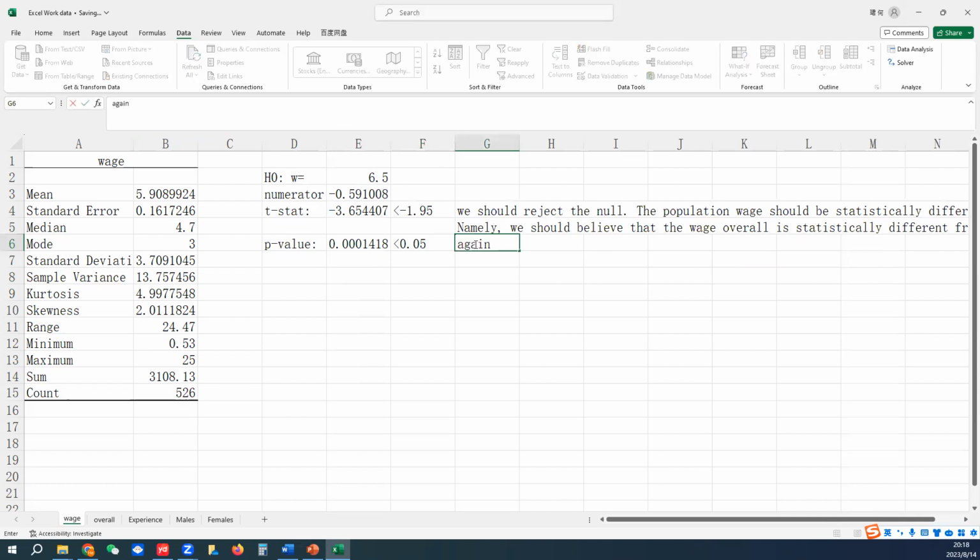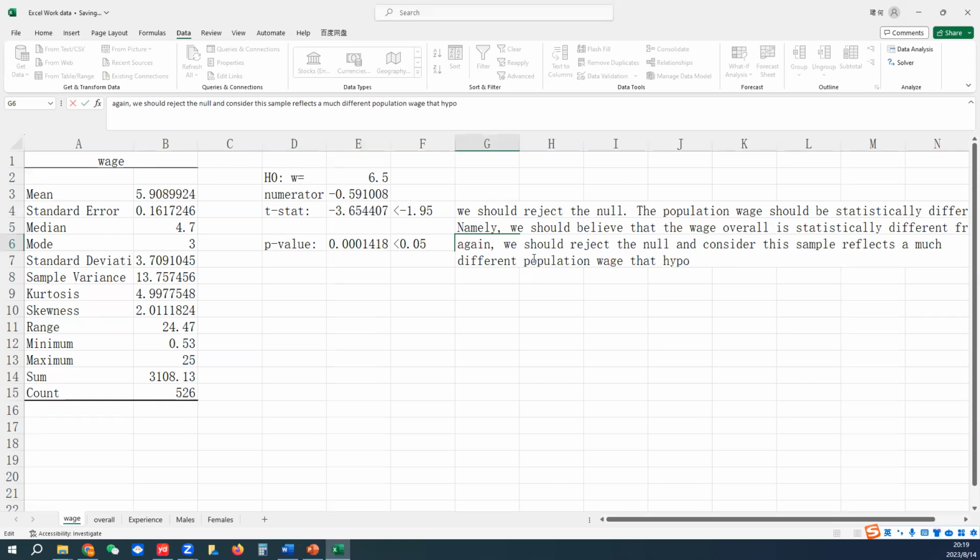So again, we should reject the null and consider that the sample mean reflects a much different population wage than hypothesized, which is 6.5.